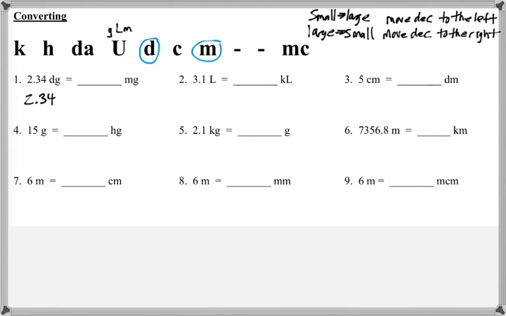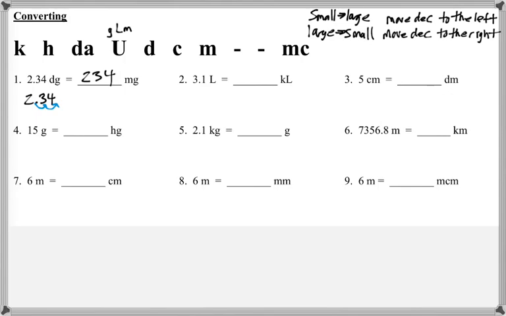And to get from D to M, I go 2 places to the right. So I want to mirror that with my decimal place and go 2 places to the right, which would then be 234. So that's how I use this chart.